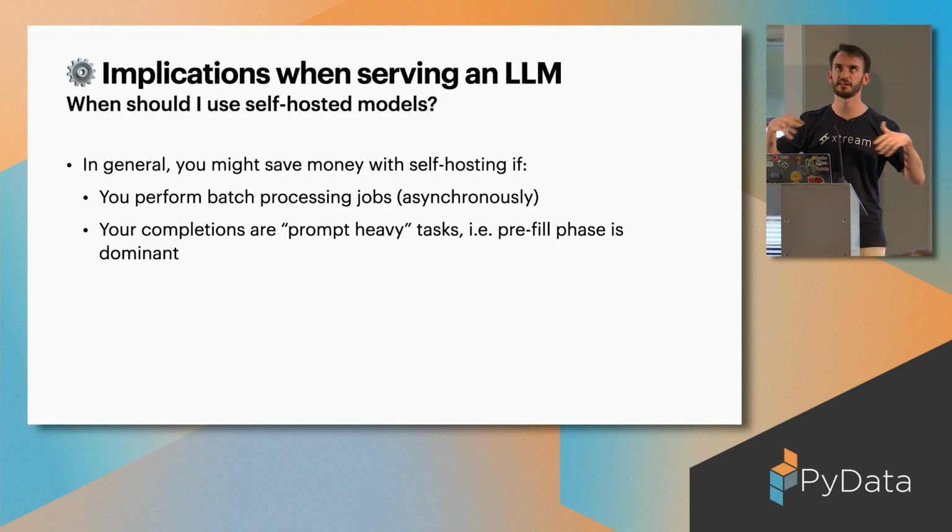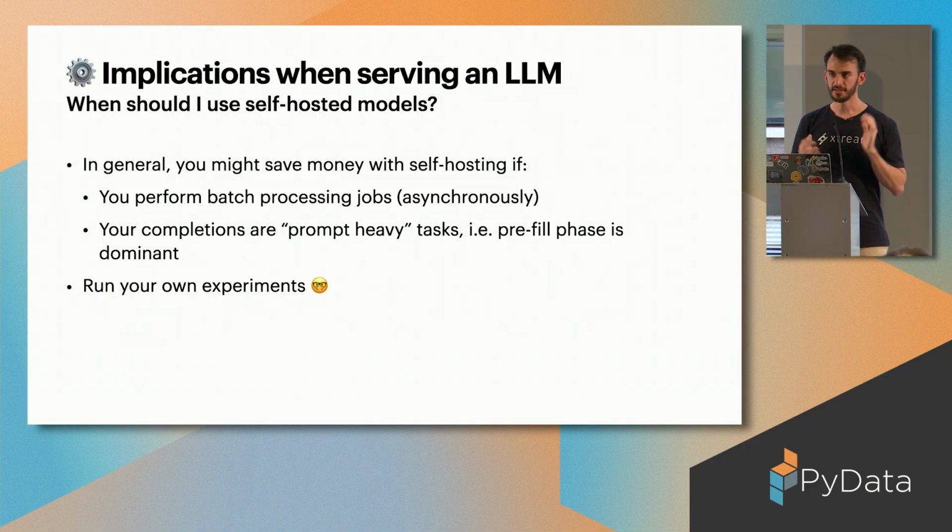Of course, we can be really clever about this, but as a rule of thumb, it's really worth it to use self-hosting when you perform batch processing jobs, or you have prompts that dominate the amount of generation you need to do, so that your prefill phase is most of the work you need to do for inference. In the end, though, you need to run your own experiments and see if your own use case is suited for one of the two.